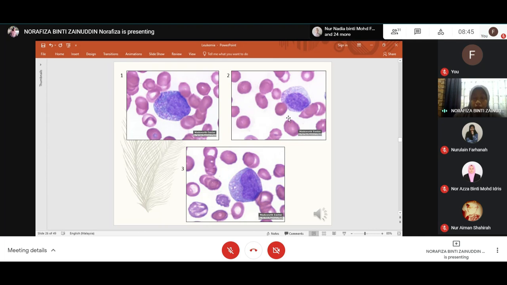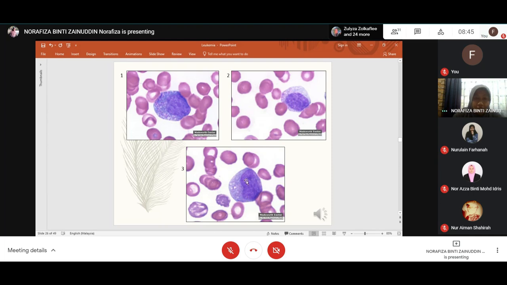So figure number 2 is myelocyte. The nucleus to cytoplasm ratio usually is equal, 1 to 1. It is the same size. So the chromatin is finely granulated and also less aggregated. Picture number 3. You can see indentation here.